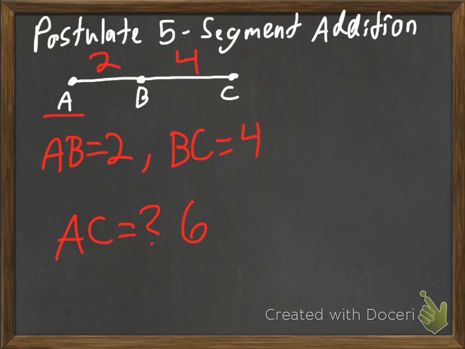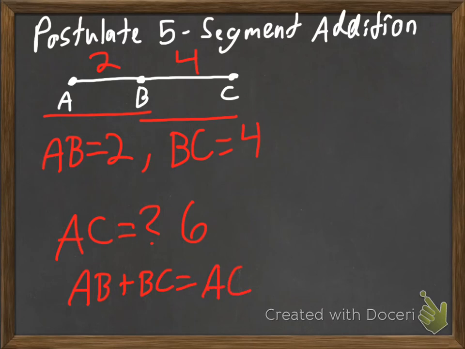We knew that from here to here was a distance, from here to here was a distance. So what you did in your mind was put those two together to get the whole thing. You said that AB plus BC equals AC, which is true. 2 plus 4 equals 6.